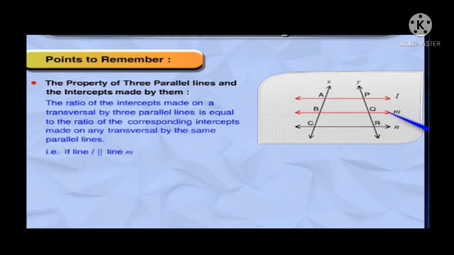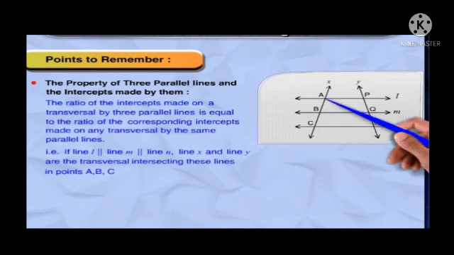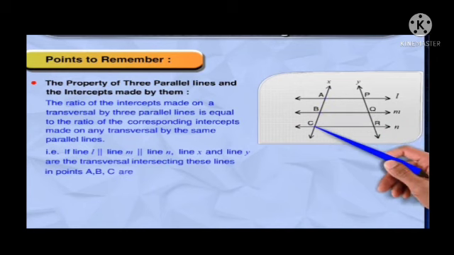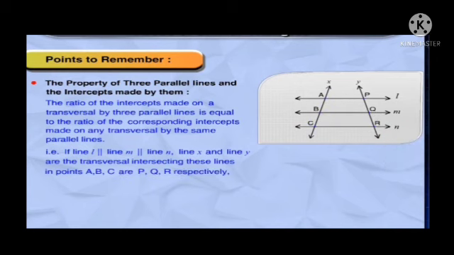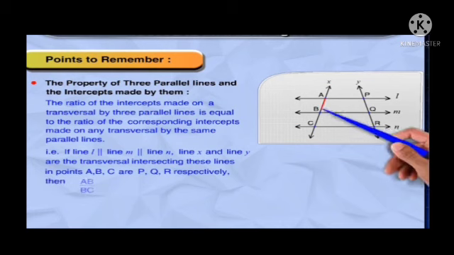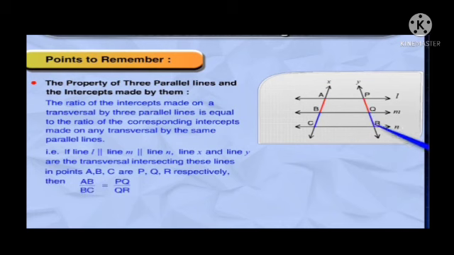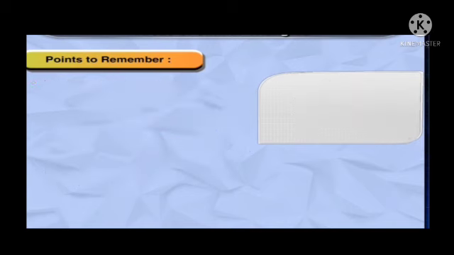That is, if line L is parallel to line M parallel to line N, and line X and line Y are the transversals intersecting these lines in points A, B, C and P, Q, R respectively, then we get AB upon BC is equal to PQ upon QR.